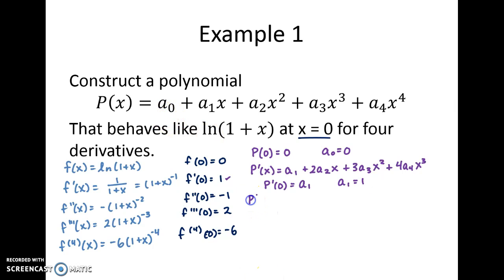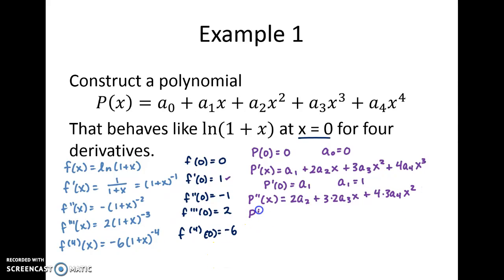Now we're going to take a second derivative. And the second derivative, the constant term would go away. So I have 2 a sub 2 plus 3 times 2 a sub 3 times x plus 4 times 3 a sub 4 x squared.